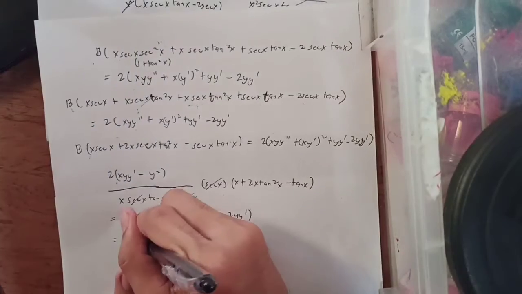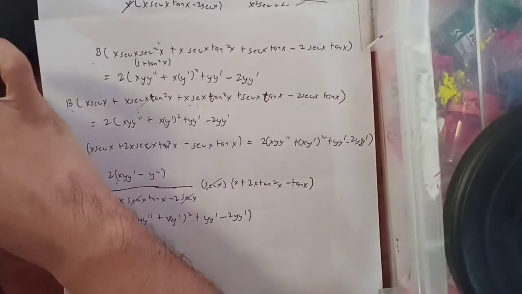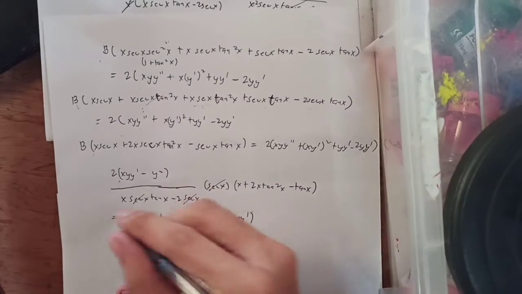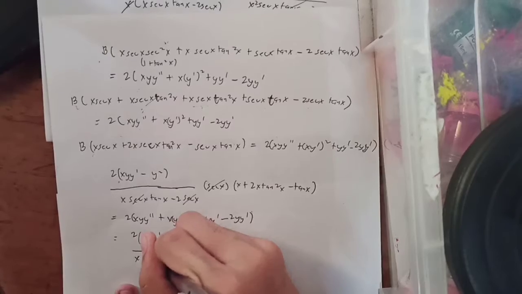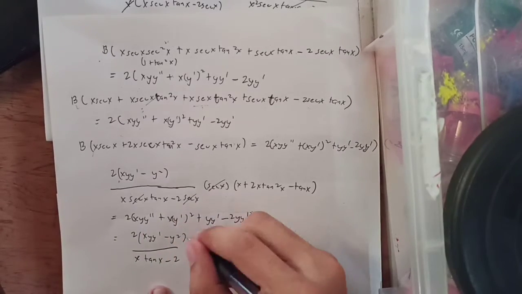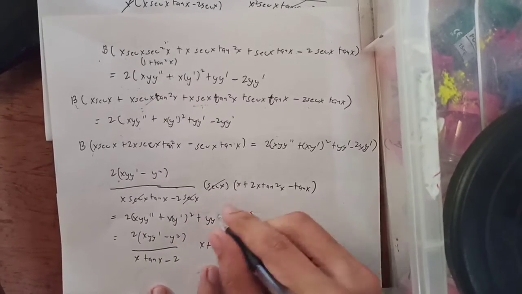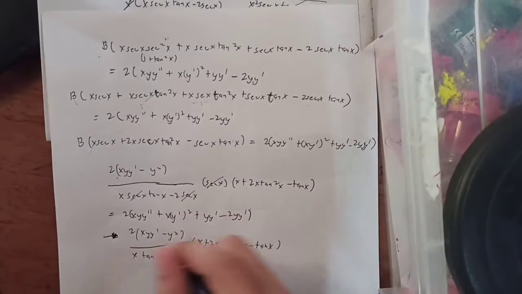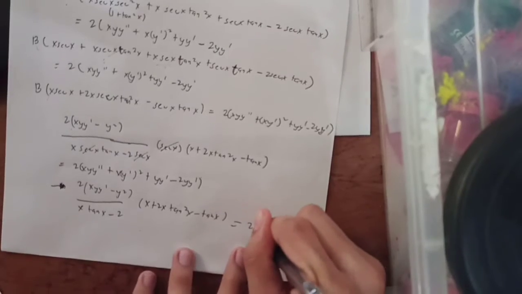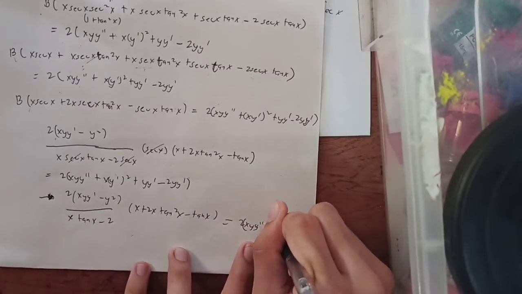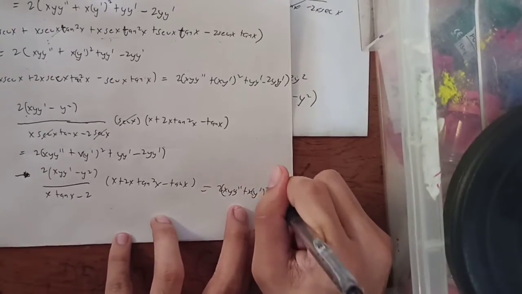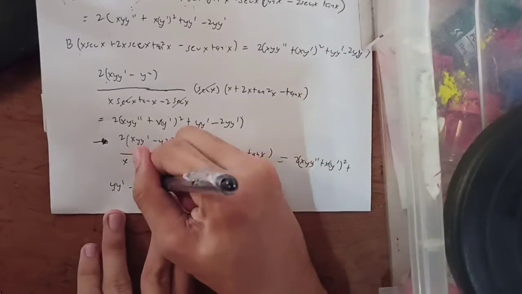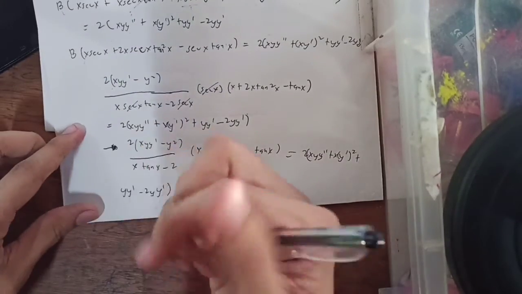So you have 2xyy prime minus y squared over x tangent x minus 2 times x plus 2x tangent squared x minus tangent x, and then equal to 2 xyy double prime plus xy prime squared plus yy prime minus 2yy prime. And you can have this as your final answer.